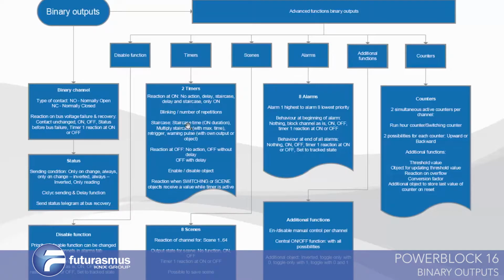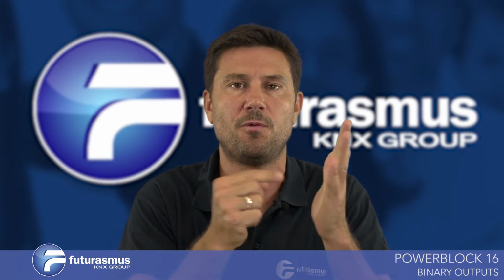Now, this staircase function can extend the time with various on pulses. So if you switch on 3 times, then it will multiply the staircase time by 3, making it very easy to make a longer or shorter staircase time for the end customer. So you tell the end customer each pulse is 1 minute, and he can put 5 pulses, and then the light stays on 5 minutes.